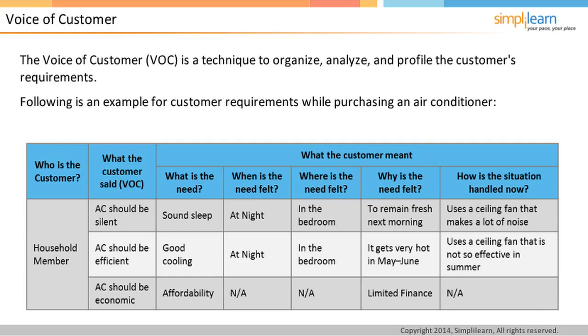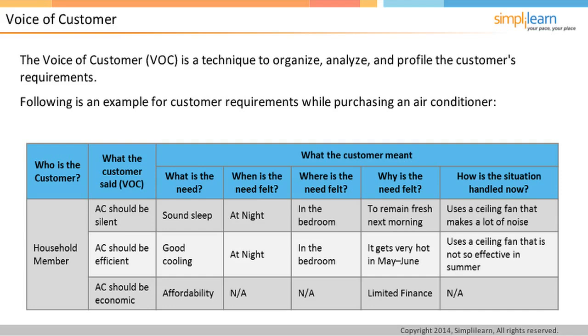When the customer says that he needs a silent air conditioner, he needs sound sleep at night in the bedroom. This is primarily to remain fresh the next morning and to get rid of the noisy ceiling fan being used currently. In case the customer says that he needs an efficient AC, he needs a machine which provides good cooling at night in the bedroom.